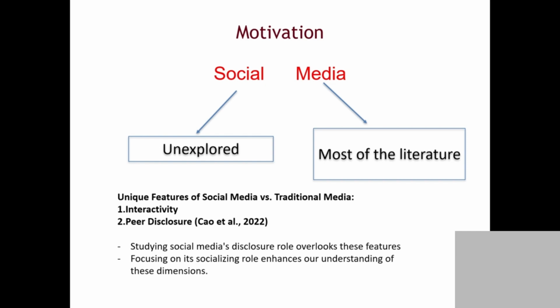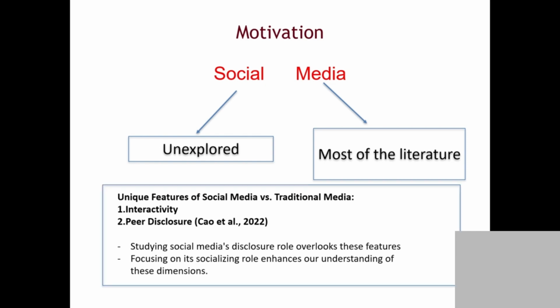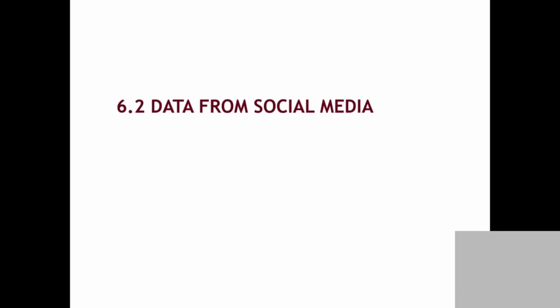Very few people have done that. So this is something you can keep in mind. We study a lot on the media role, but for the social role, how one company says good things about the other company, how one company says bad things about the other company, this kind of interaction is very rare. But we'll talk about examples on that.